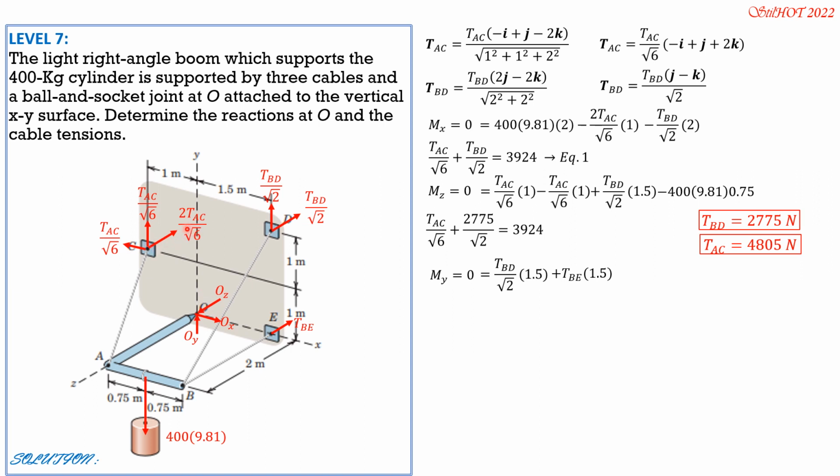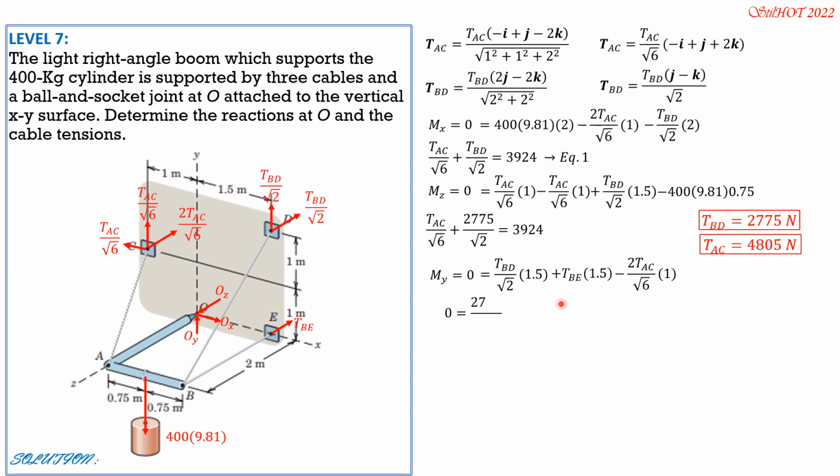Then minus this one. The other two are not involved, parallel, and it passes through the y-axis because these points lie on the same xy plane. So minus 2 times tension AC over square root of 6 times 1.